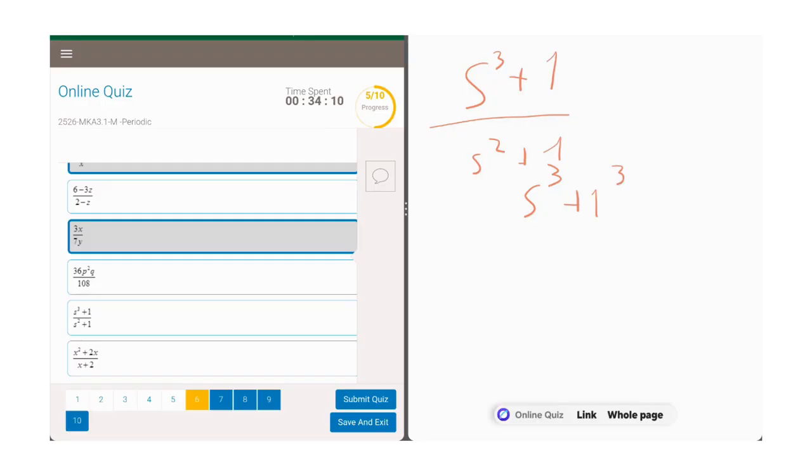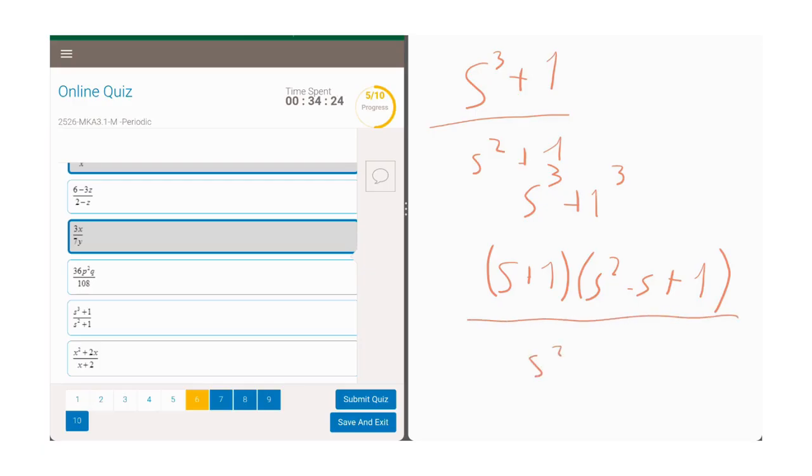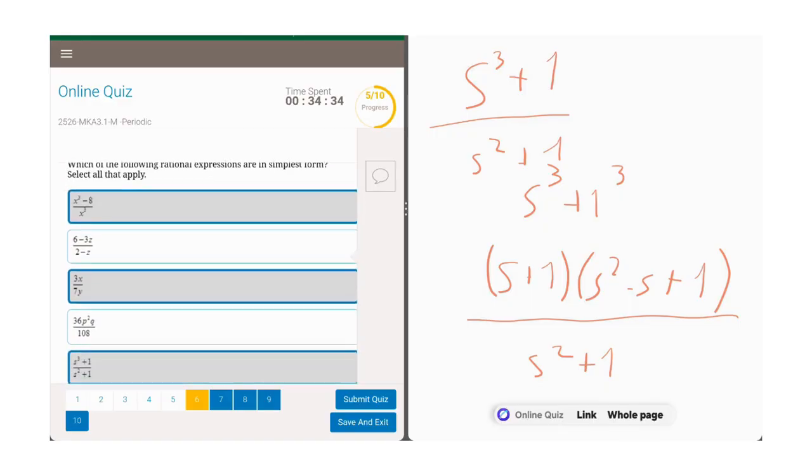We can make s plus 1 times s squared minus s plus 1. This will all be over s squared plus 1. We can't cancel anything out, so that means it's already in simplest form. We can't do anything. That's simplest form.